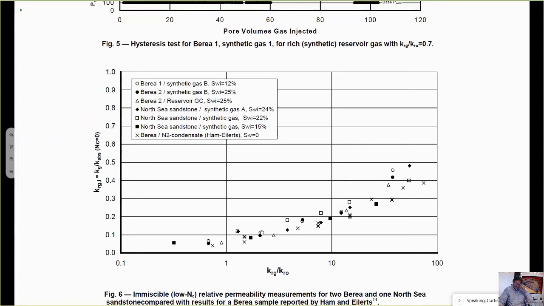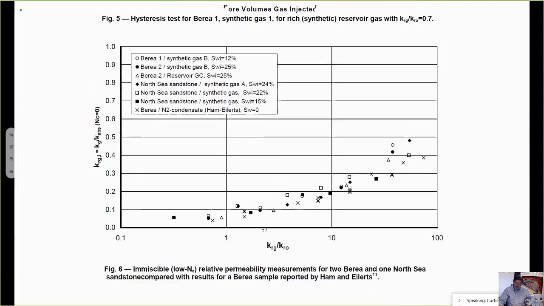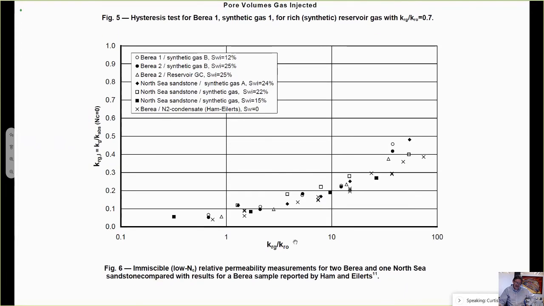These are all low capillary numbers, so there's no capillary number dependence here. It's only for the immiscible case. But is the conclusion correct that the KRG over KRG-KRO is independent of which sandstone we have and what SWI we have, and also whether we have reservoir gas condensate or synthetic gas A or B?